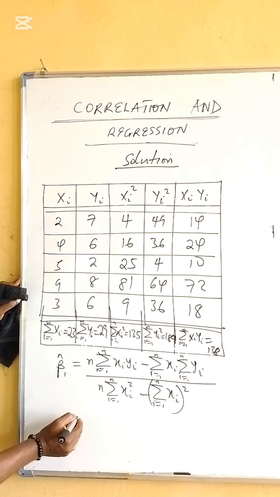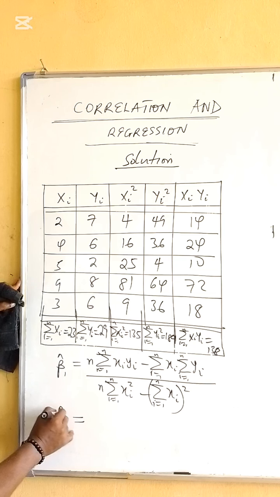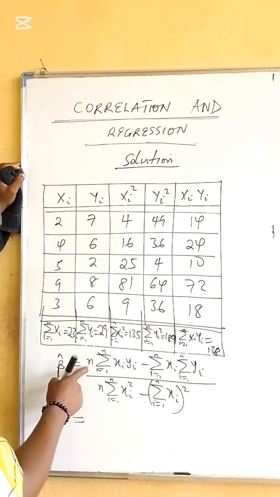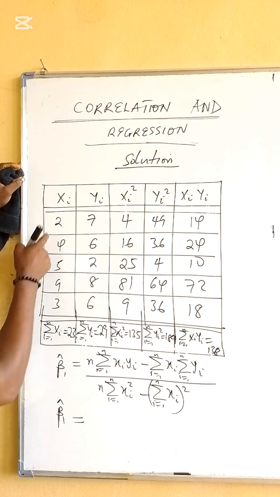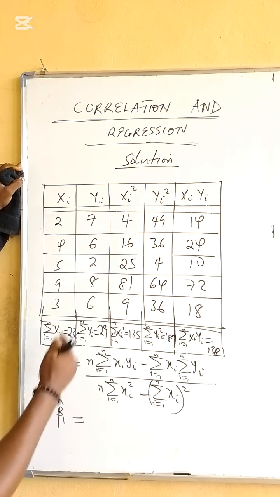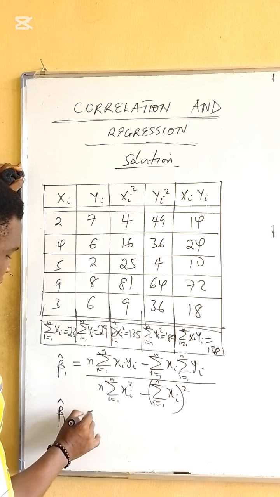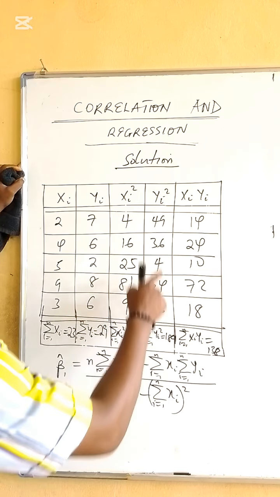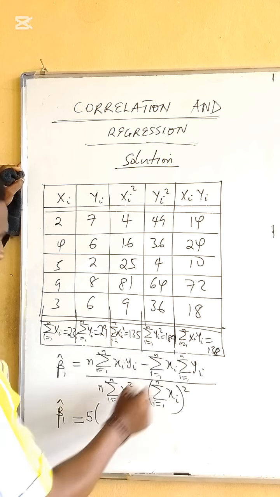Now let's go over here. So in this case, what will our beta 1 cap be? Our beta 1 cap reduces to n, take note, is 1, 2, 3, 4, 5. You have 5 values under xi and yi. So n is 5. Times summation xi yi, we got it to be 138.